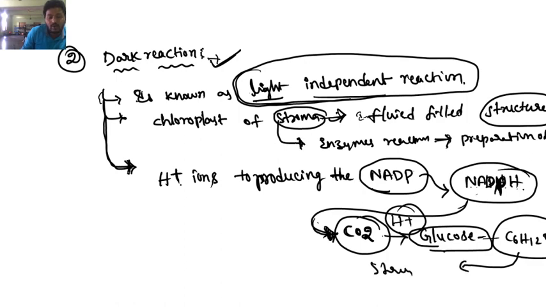How is the glucose converted into starch? The glucose formula is C6H12O6.